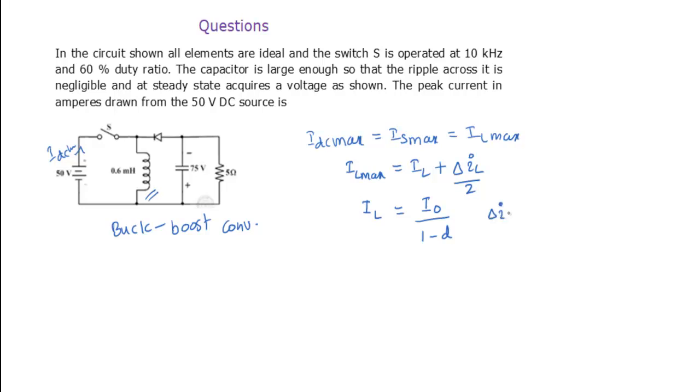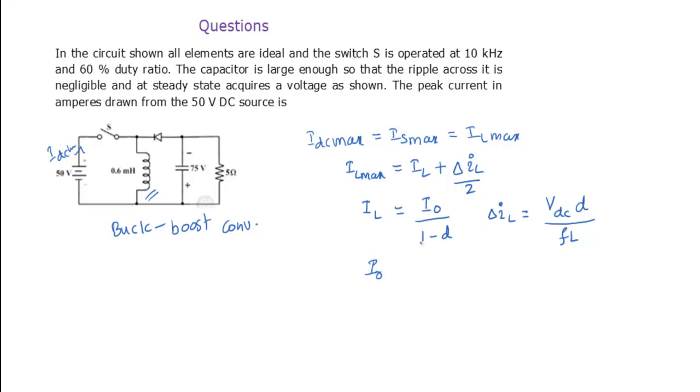Delta IL is VDC into D by FL, since F is given rather than T. Based on that we need to calculate the values. But how to calculate IL?